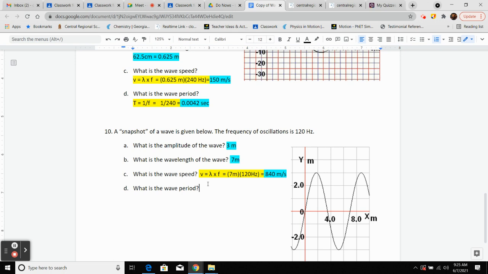And again, how do we find the period? If we know what the frequency is, how do you find period? Good. T equals 1 over F. What was our frequency? 120. So you do 1 divided by 120, and we get 0.0083 seconds.